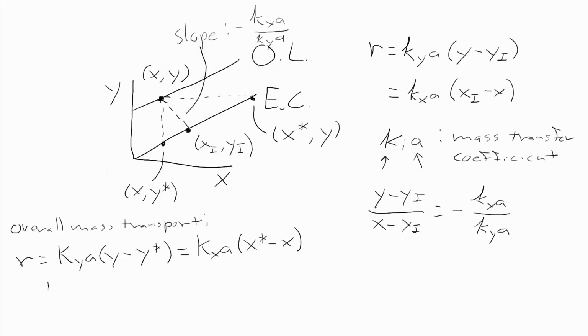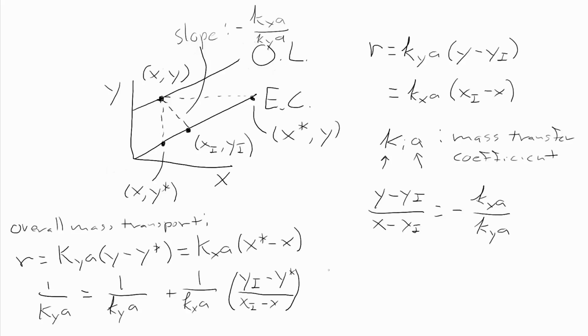We get that 1 over capital K_ya is equal to 1 over little k_ya plus 1 over little k_xa times (yi minus y star) all over (yi minus x).